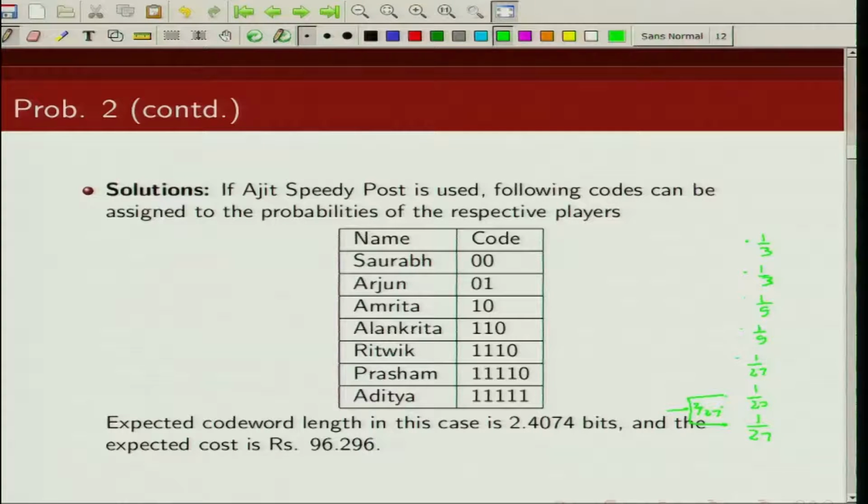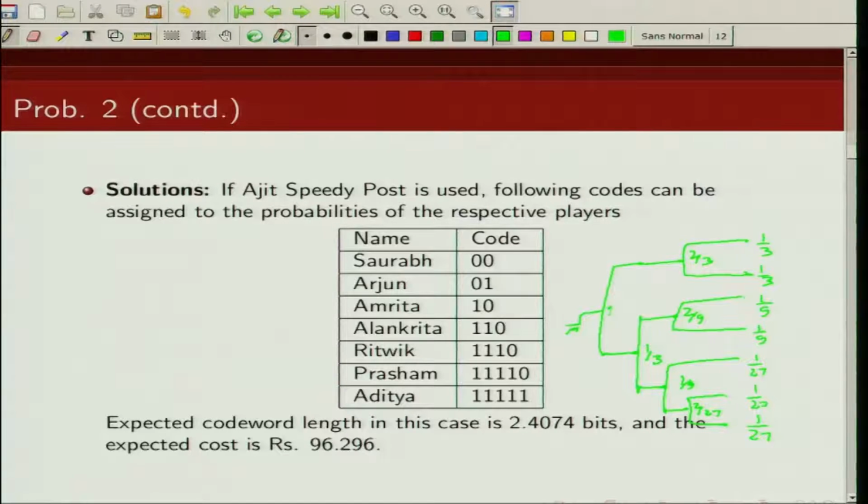Then next we need to combine these two nodes, and we'll get 1 by 9. Then we can combine, let's say, these two nodes, which will be 2 by 9. Then we can combine these two nodes, which gives us 1 by 3, and we can combine these two nodes, which will be 2 by 3. And finally we can get this.